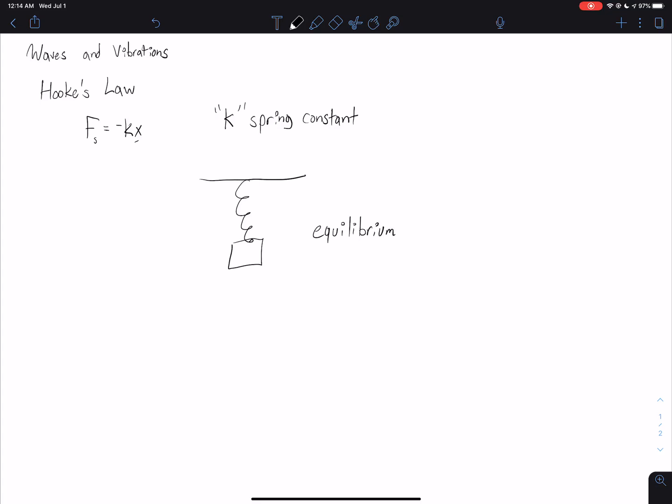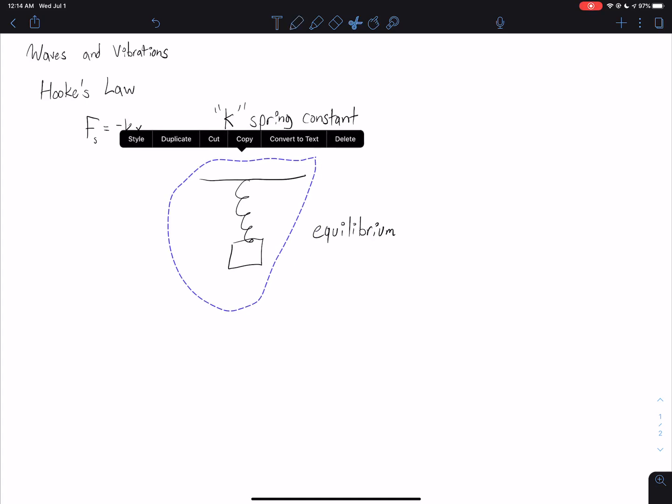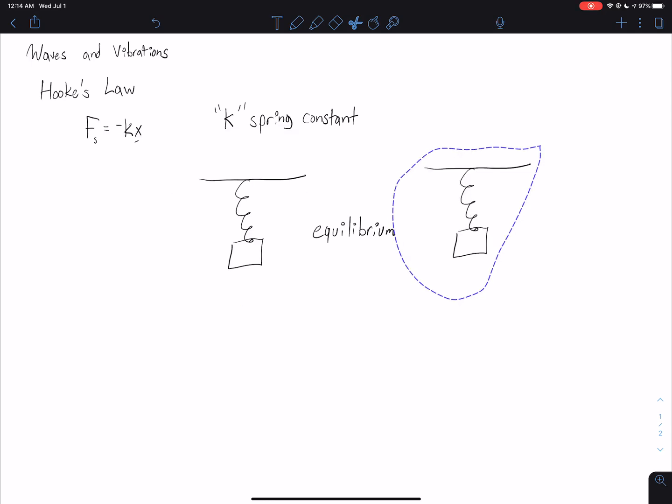Now let's say I take this same model, but then instead I extend it a little further.